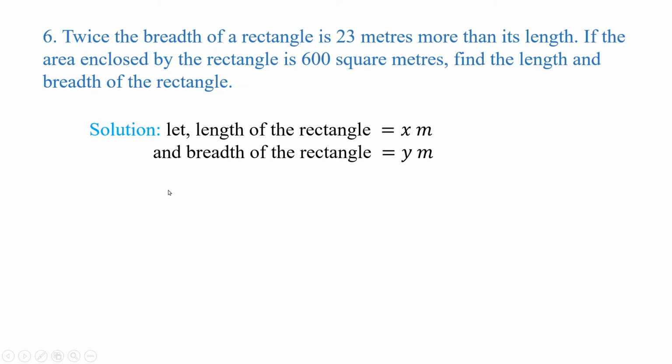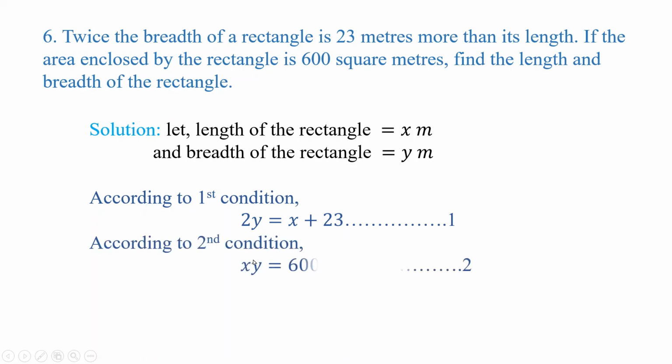According to first condition, twice the breadth, that means twice y, is 23 meter more than its length. That means twice y is equal to x plus 23. Okay. And according to second condition, the area of the rectangle is 600 square meters. Therefore, xy is equal to 600. Now using substitution, you can easily solve this type of problems. So do yourself.